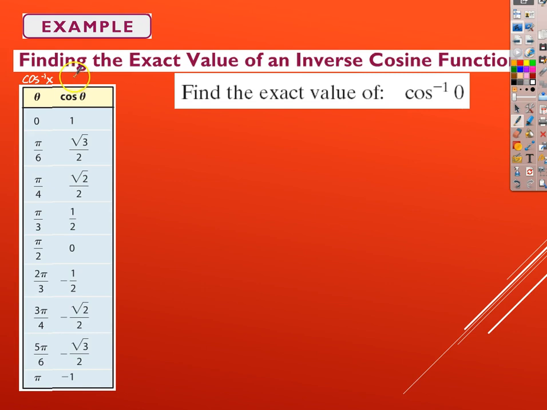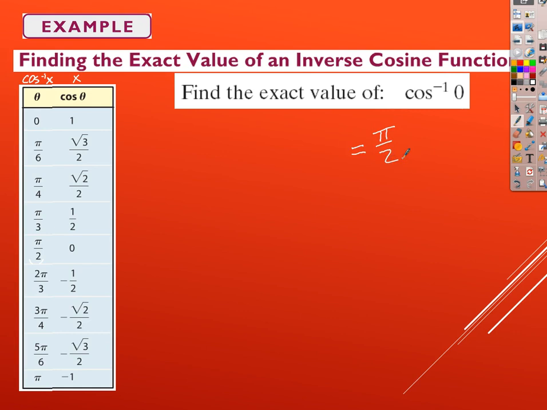And this here will be like my x. So it's saying 0, so I go and find 0 on here. And my answer is pi over 2. So I go ahead and write this out. I say inverse cosine of 0 is equal to pi over 2.